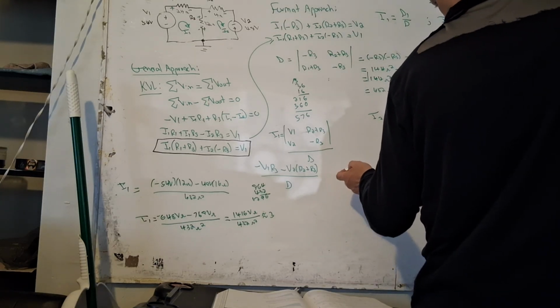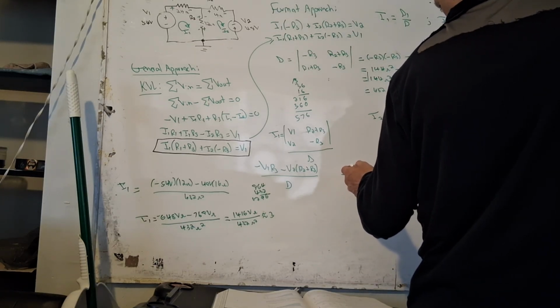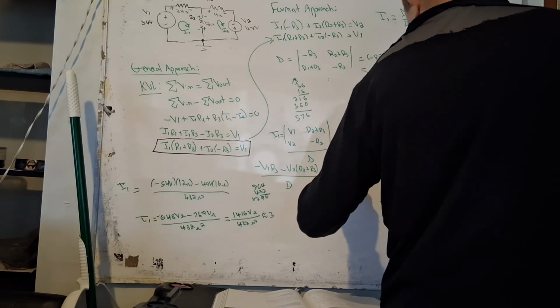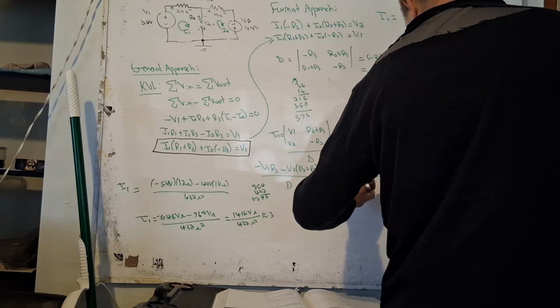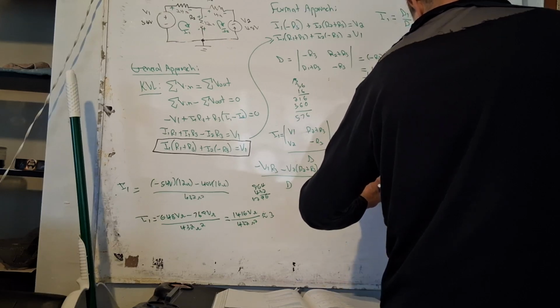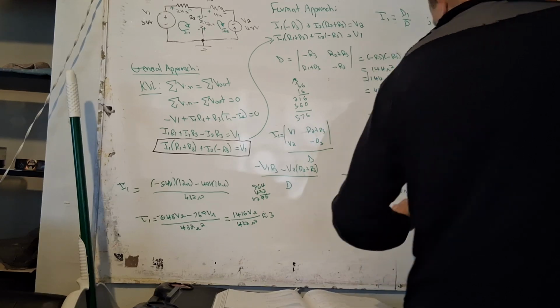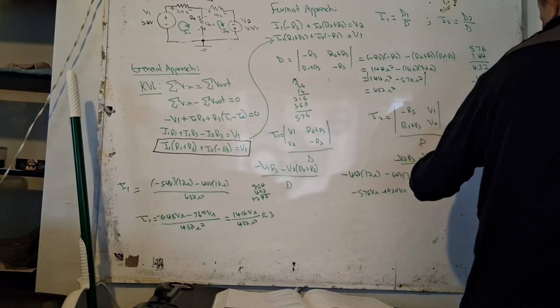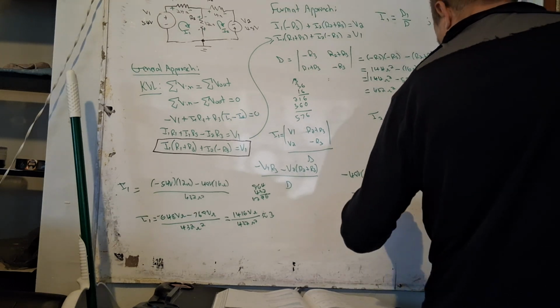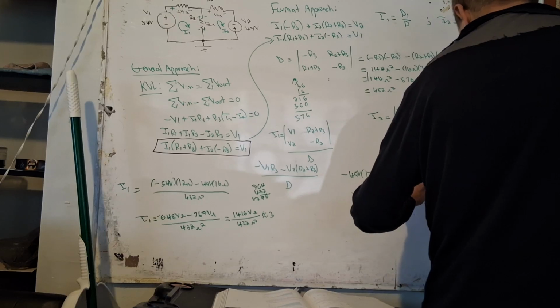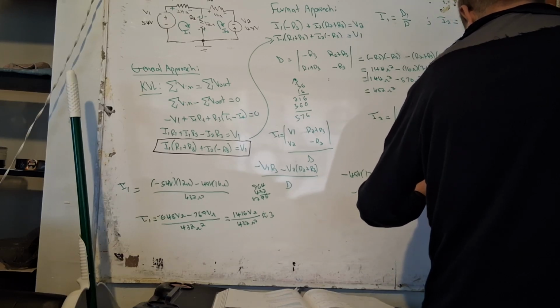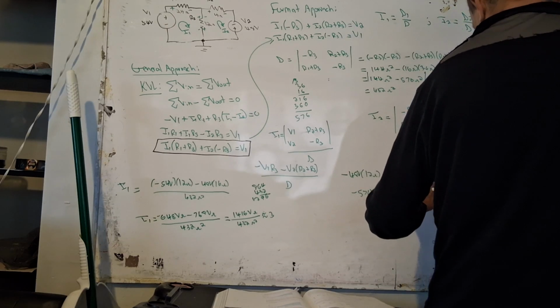It's 96 plus 480, negative 576, minus 1924. Let's add 576 to that. That's divided by 432.